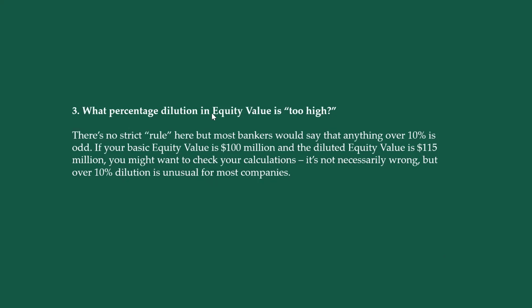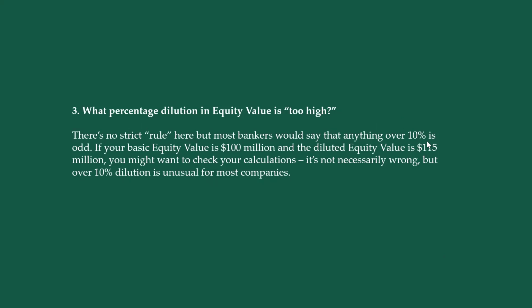Dilution actually occurs when these potential shares are factored in, because issuing them reduces the ownership percentage of existing equity shareholders. So there is no strict rule, but more than 10% is considered unusual for most companies.